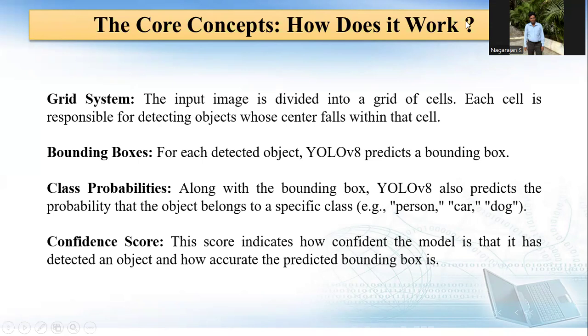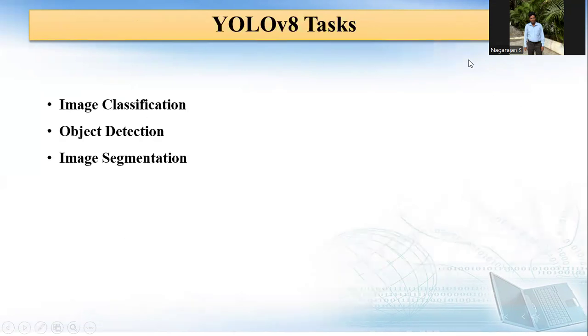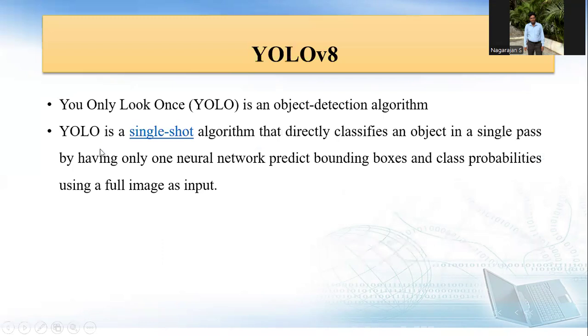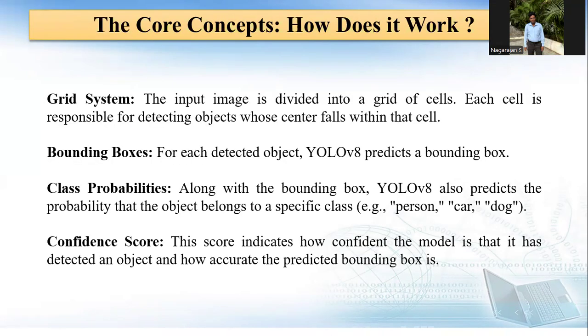Suppose I take an image; the image is made into a grid of cells, one box, two box, three box, as many boxes as possible. If there is an object such as a person, it will consider it. If there is no object, it won't consider it. Then bounding boxes. If you detect the object, it will predict it with the help of a bounding box. For example, if there are two objects in the image, it will have two boxes identified separately.